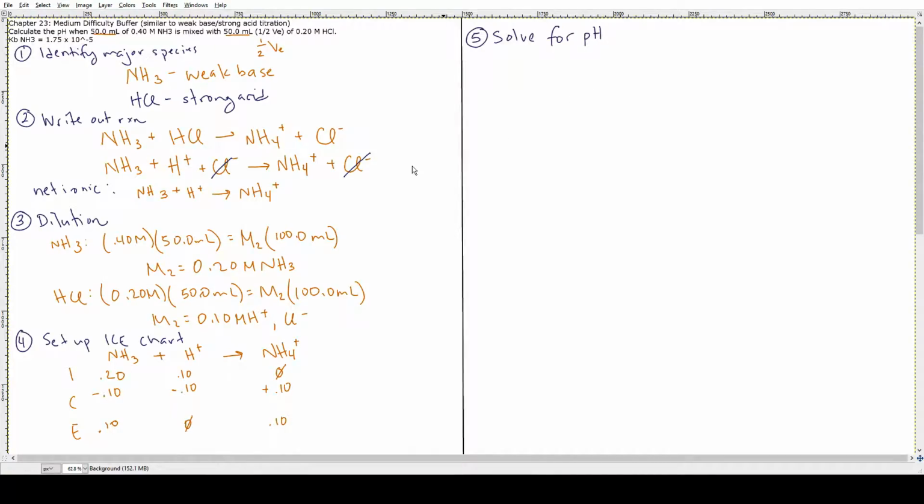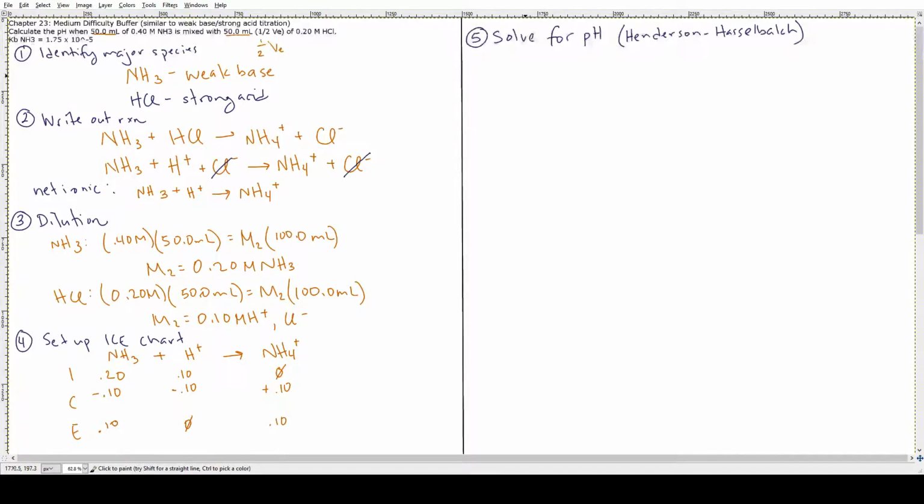So when I solve for the pH, I need to use the Henderson-Hasselbalch equation because it's a buffer. We know that equation could be written in terms of pH or pOH.